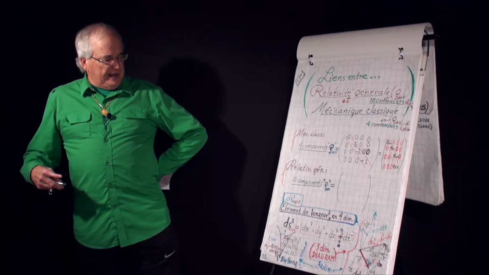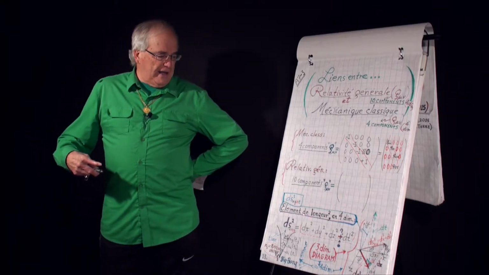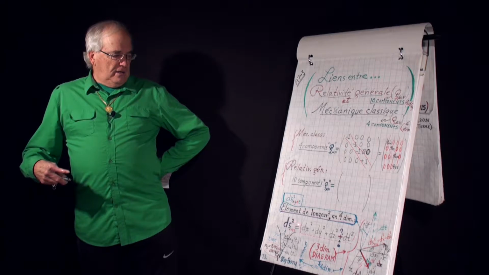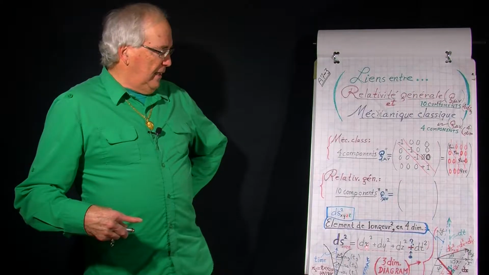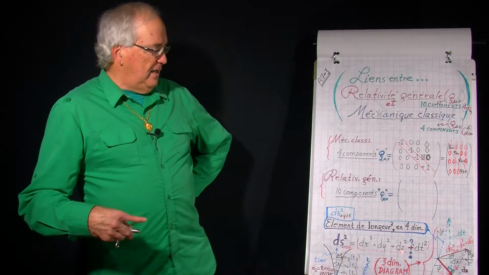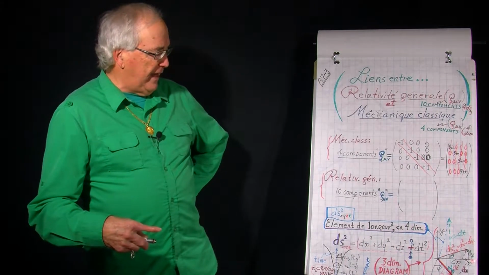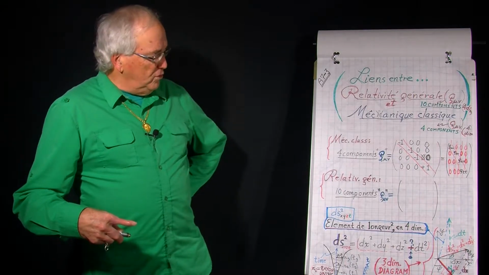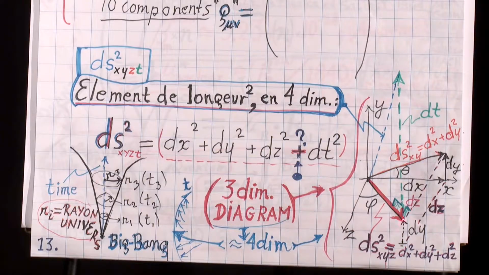Just to show you that in 4 dimensions, what we call the length element is not only the x, y, z regular space in 3 dimensions, the usual representation, but we need a 4th dimension, which is the time.